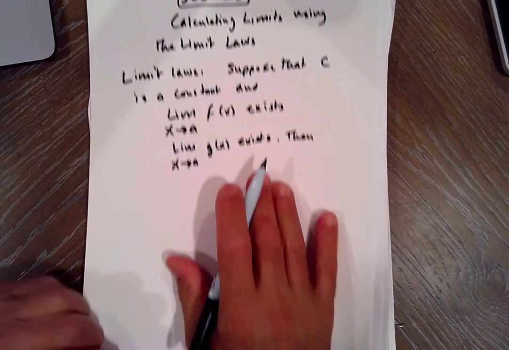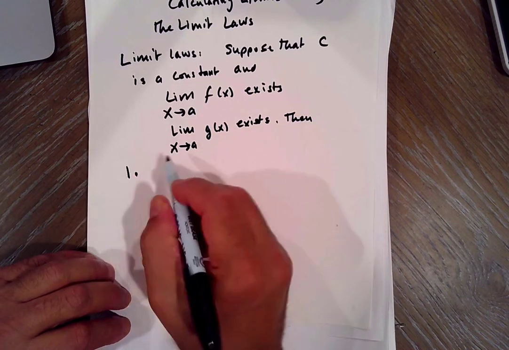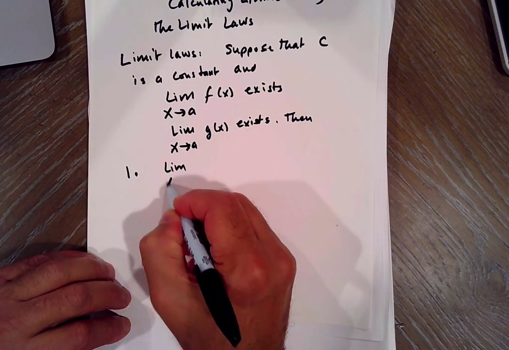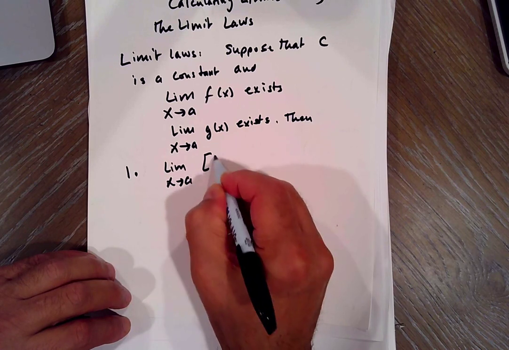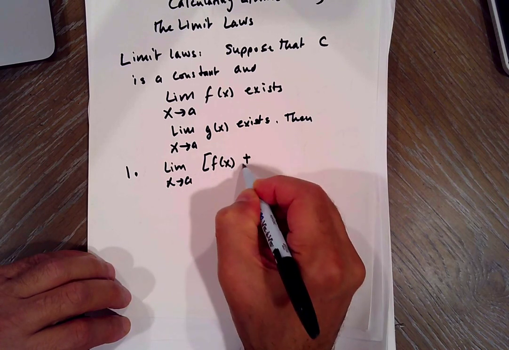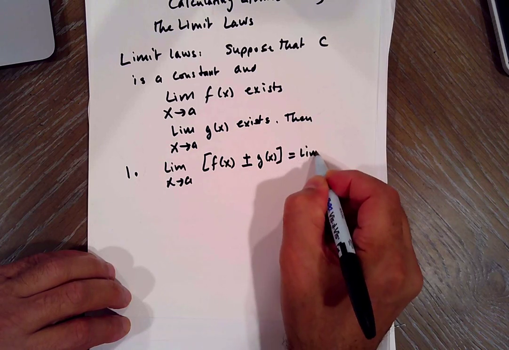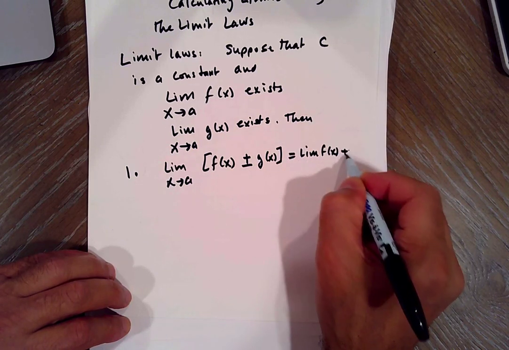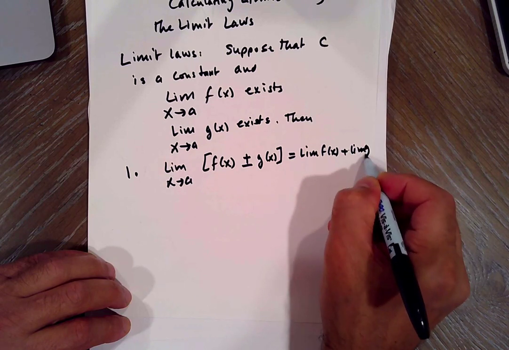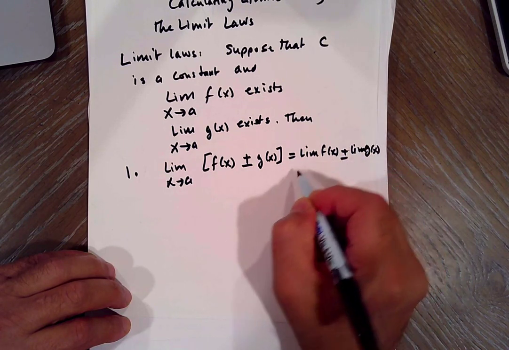Then the first law: if you're doing the limit as x goes to a of f of x plus or minus g of x, it's the limit of f of x plus or minus the limit of g of x.